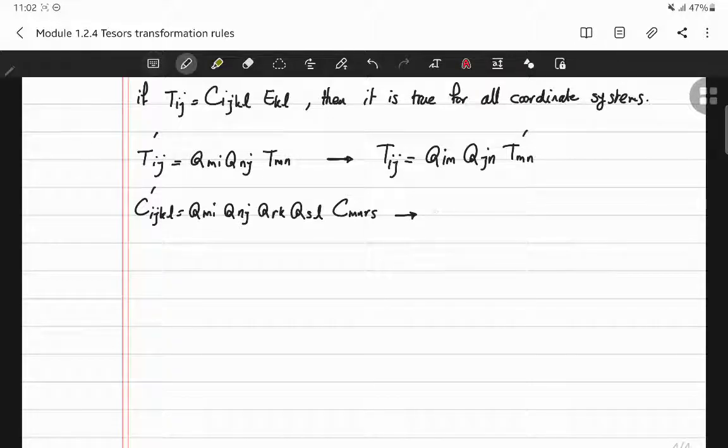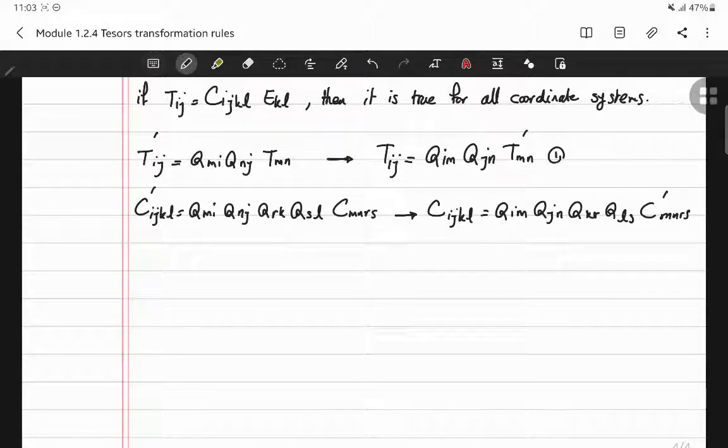So if we move from the primed to the unprimed coordinate, then we have Cijkl is equal to Qim Qjn Qkr Qls C prime mnrs.